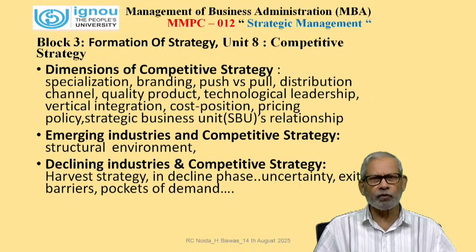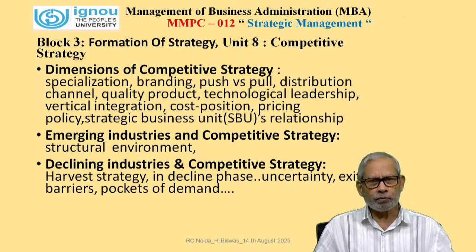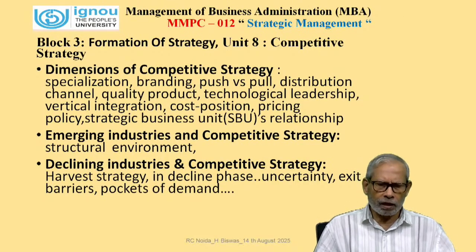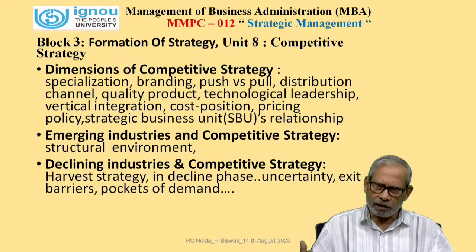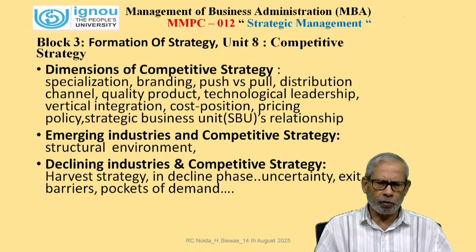the harvest strategy: why the company is declining, what to do, what type of project to be launched, comparing the market. Then in the decline phases, uncertainty and exit barriers, pockets of demand.